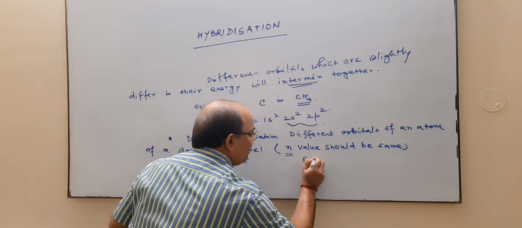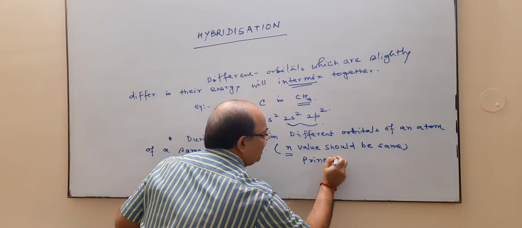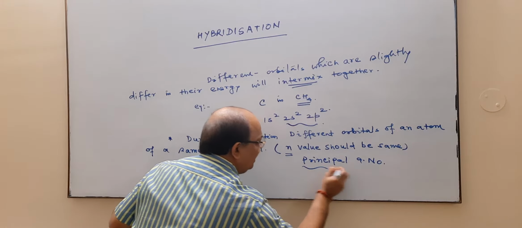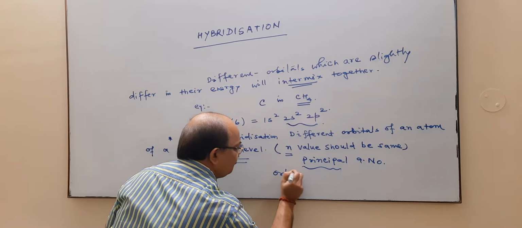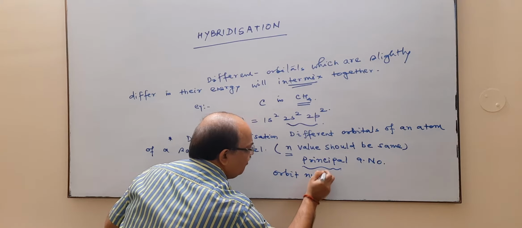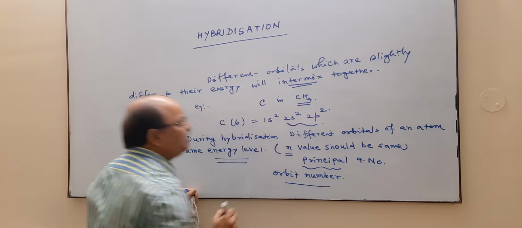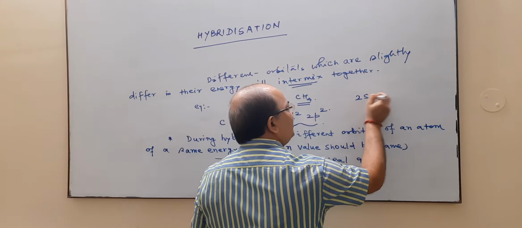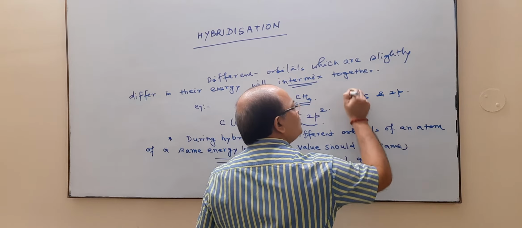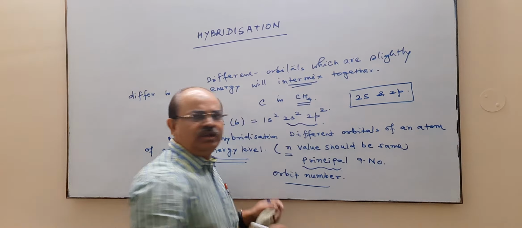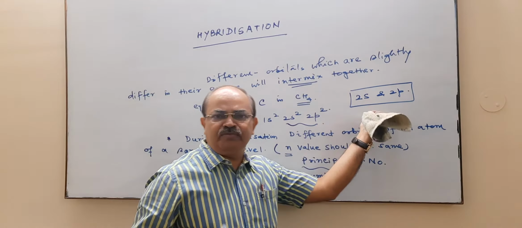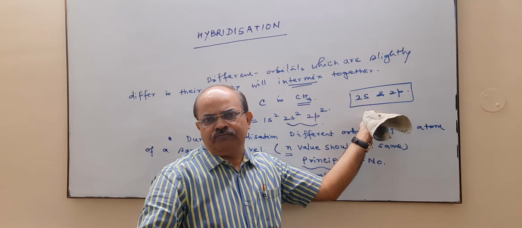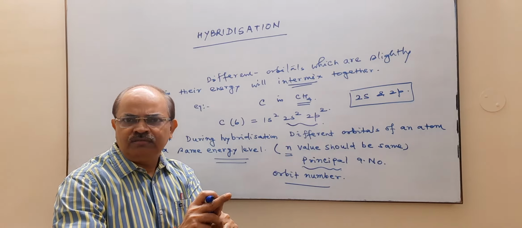यहां n कहने का मतलब है प्रिंसिपल क्वांटम नंबर. n कहने का मतलब हो गया यहां आपको ऑर्बिट नंबर. It means there will be overlap between 2s and 2p. ऐसा नहीं होगा.